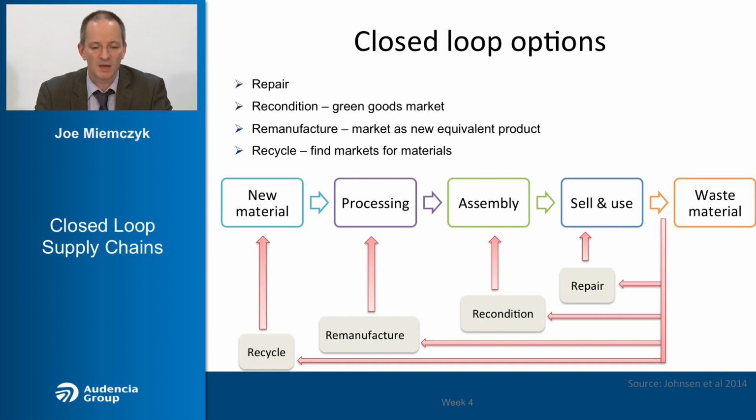The final return that I'm showing there in this diagram is the recycling part of the closed loop supply chain, and really closed loop supply chains tend to focus much more on this part, this type of loop, which is really bringing back materials back into almost the raw material part of the supply chain, to the third or even fourth tier suppliers of products into the supply chain, so that they can be used again in new products.